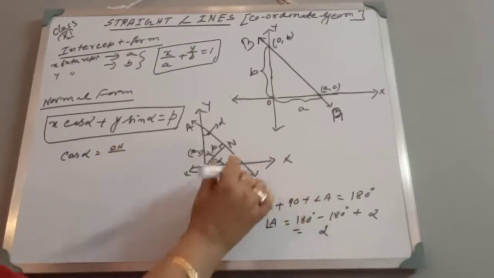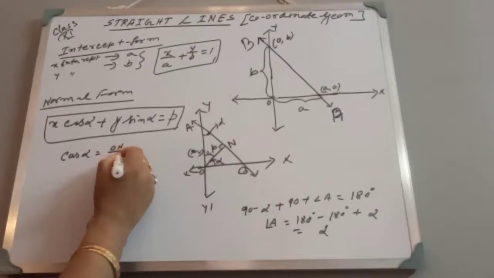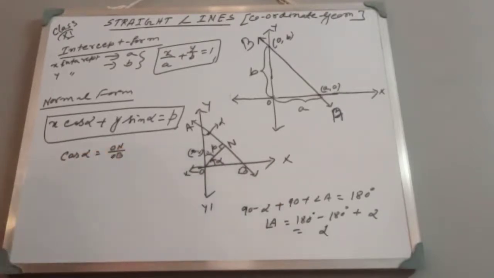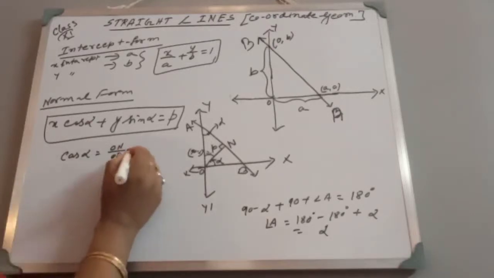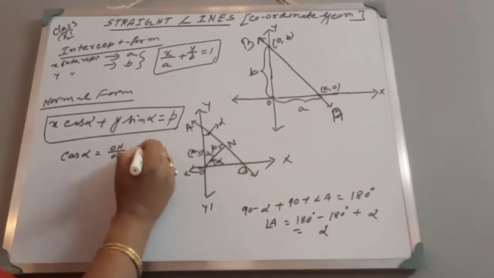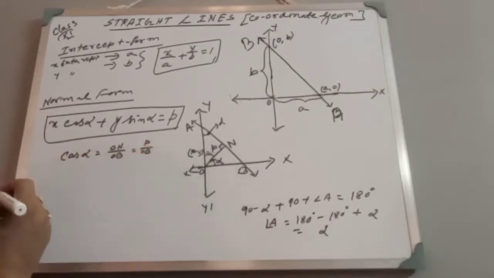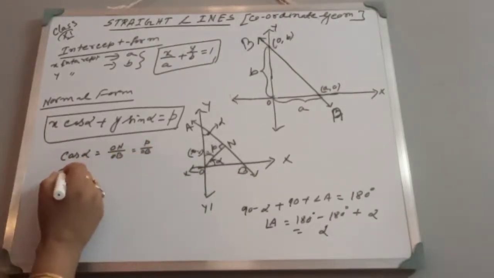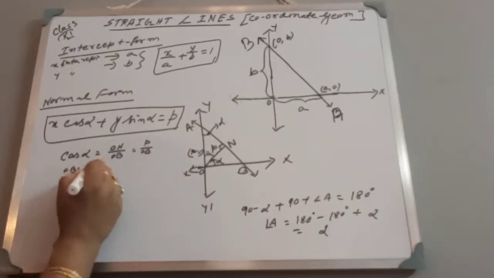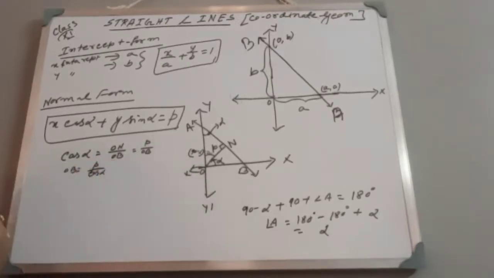This is P, right? So this equals ON, which is P, so P by OB. Therefore OB equals P by cos alpha. Got it.